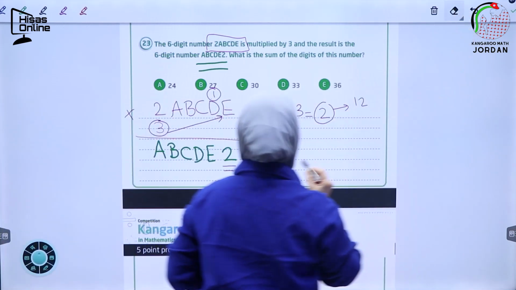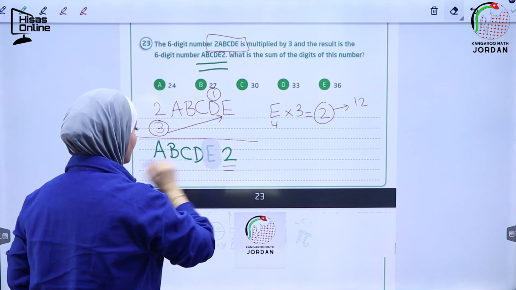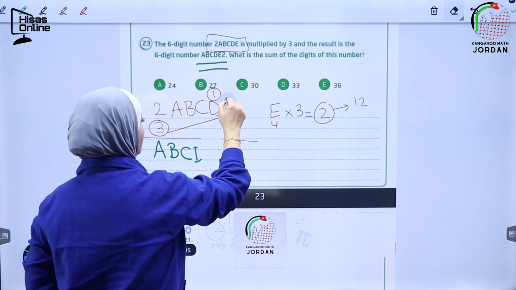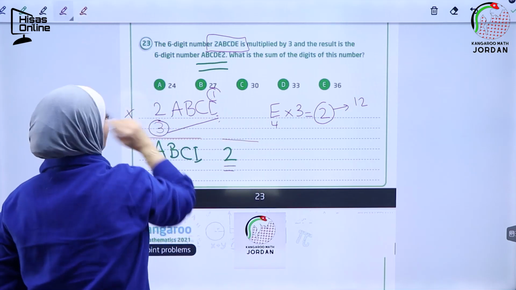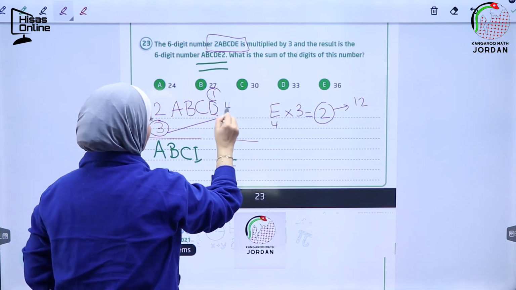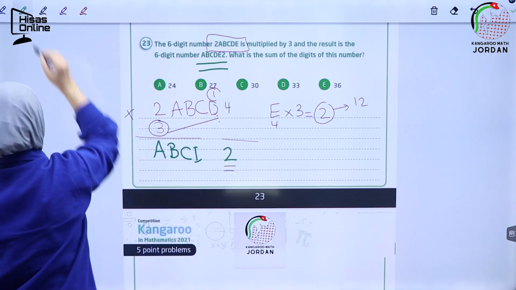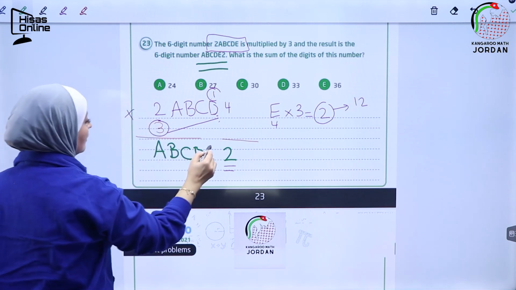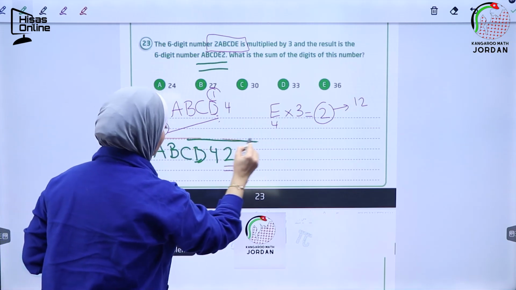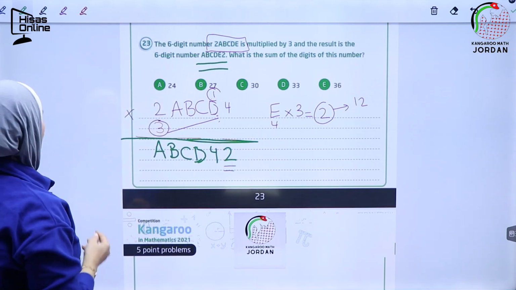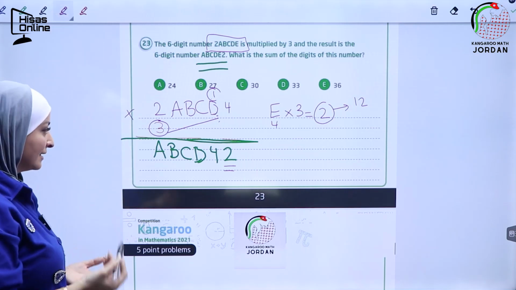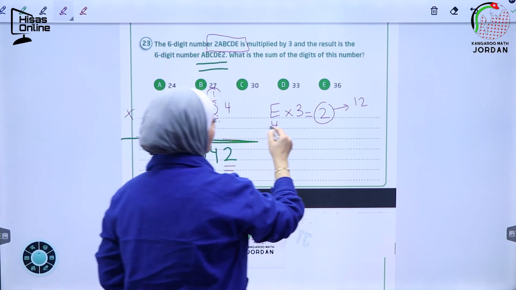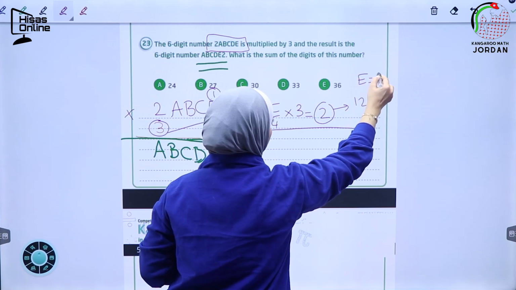Here as well, since I know it. And here we go, it's 4. Good job. We will continue the same way to figure out the remaining. So E equals 4.